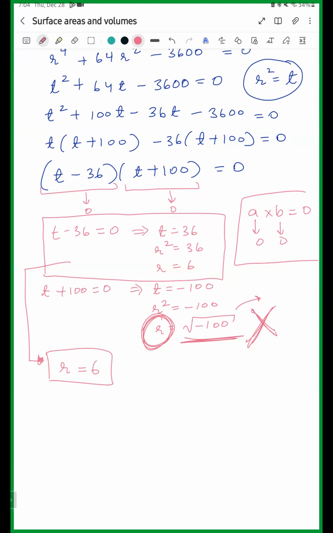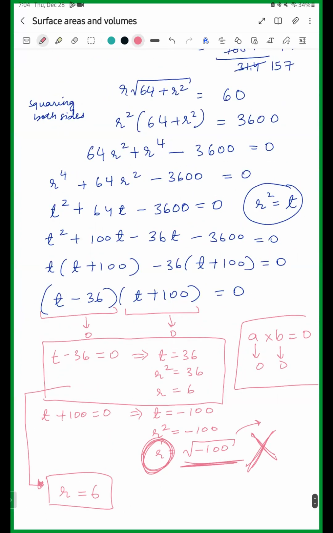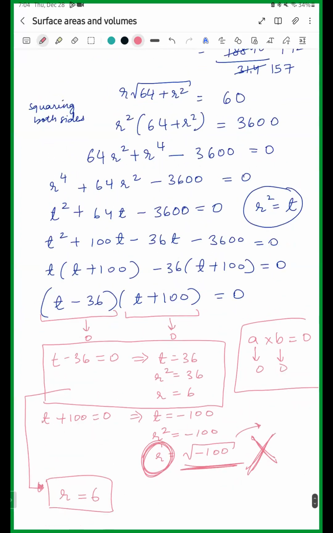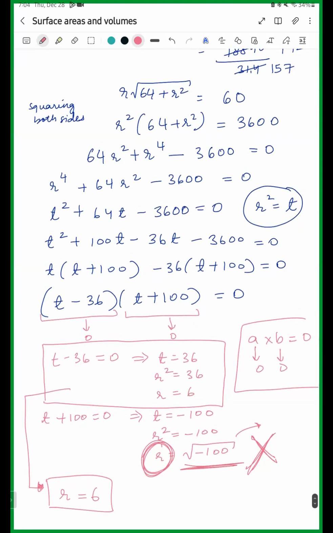Do you want me to repeat? Did you guys understand this thing? Because it could be a little confusing at first. If you want me to repeat, let me know.